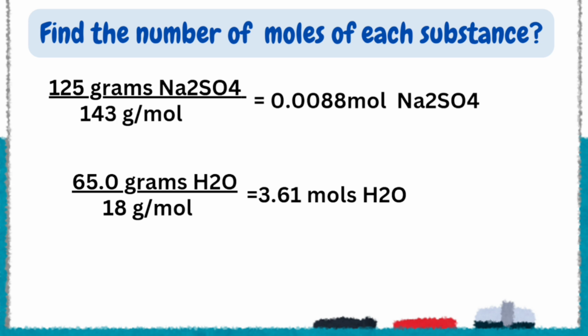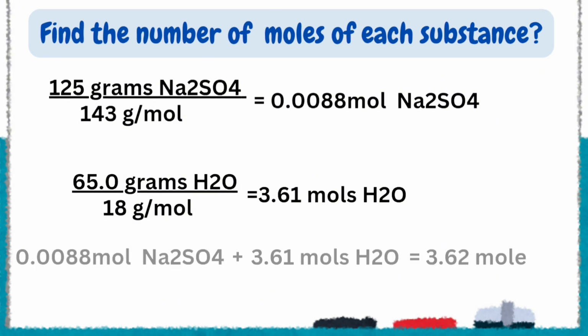For the water, we divide 65 grams by 18 grams per mole, which gives us 3.61 moles of water. Now, the total moles in the solution are the sum of the moles of solute and solvent. 0.0088 plus 3.61 is equal to 3.62 moles total.